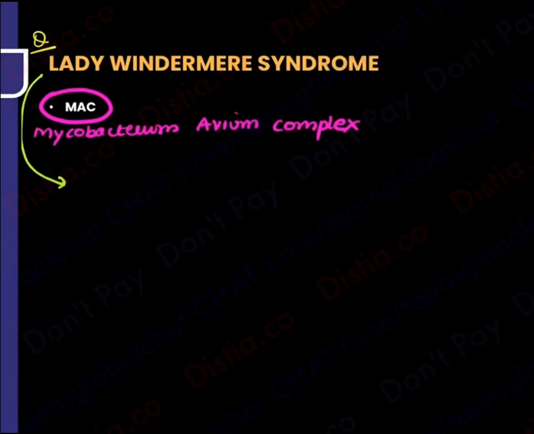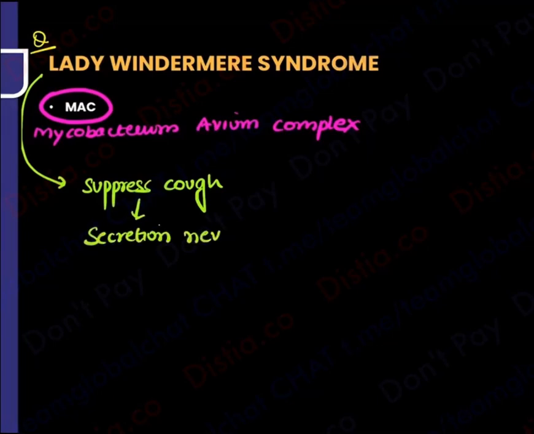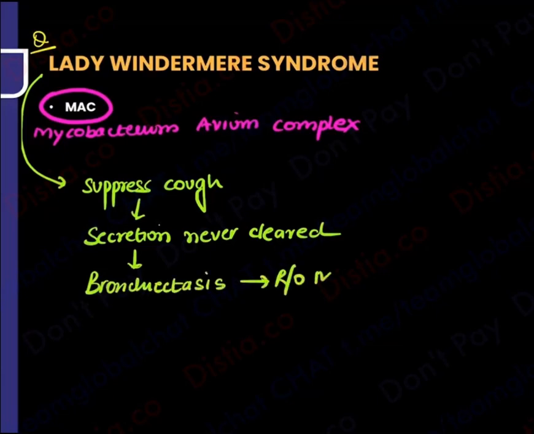So what she used to do was suppress her cough. And if she was suppressing her cough, that meant that the secretions were never cleared. They were always accumulating inside the lungs, and this was resulting in bronchiectasis. There was a problem in the lung happening, and then there was a risk of infection. That was MAC.